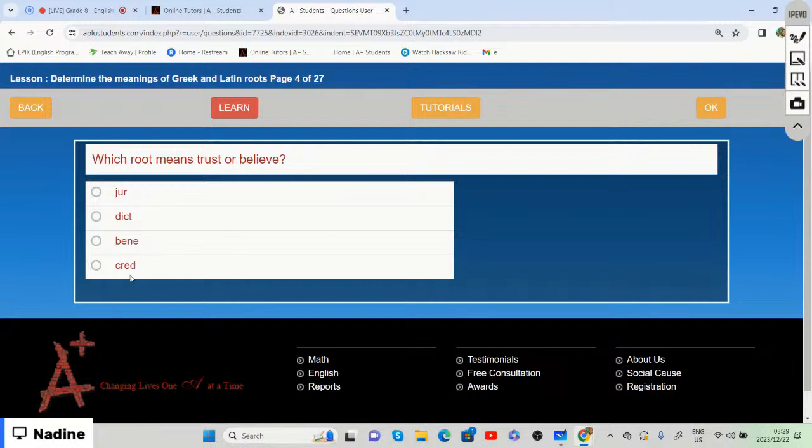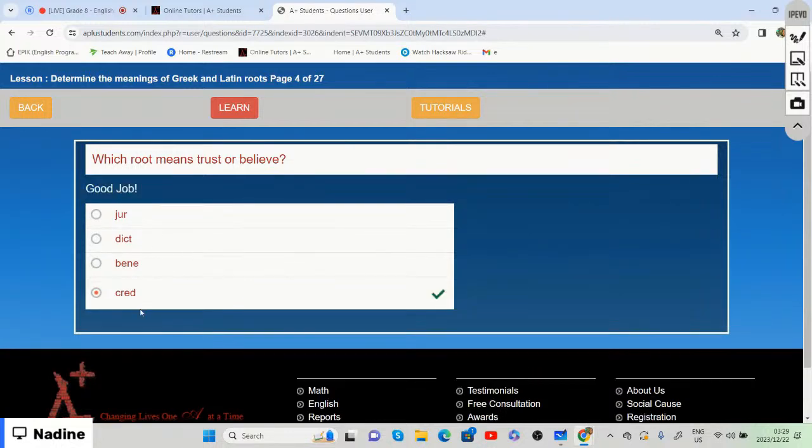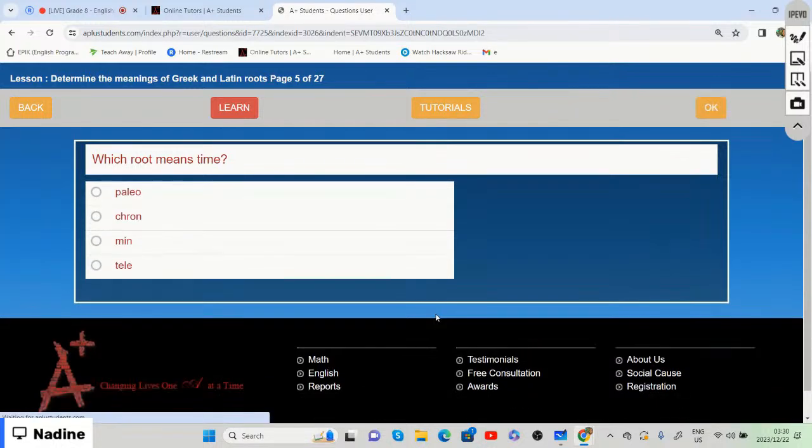So we can then say cred is to trust or believe. It's like a credible thing, more like a trustworthy thing. It's a credible document.